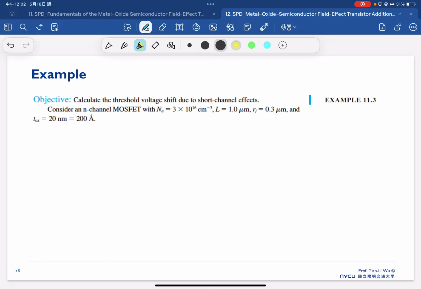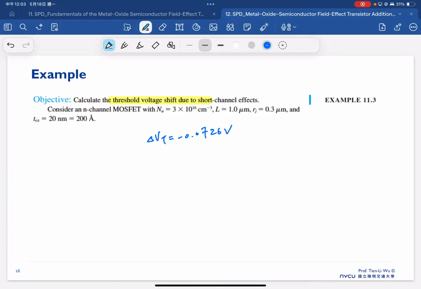You just put all the equations there, and you will be able to find the threshold voltage shift due to the short channel effect. In the end, we will see that the threshold voltage is decreased by around minus 0.0726 volt. You can try to calculate by yourself and you will get these numbers.